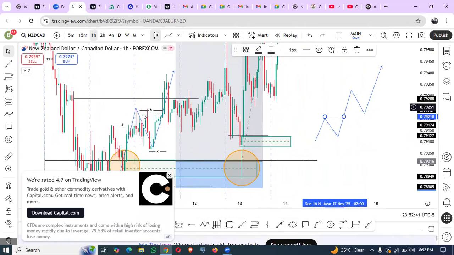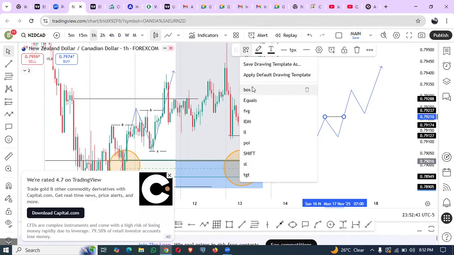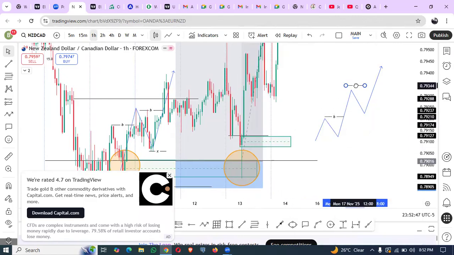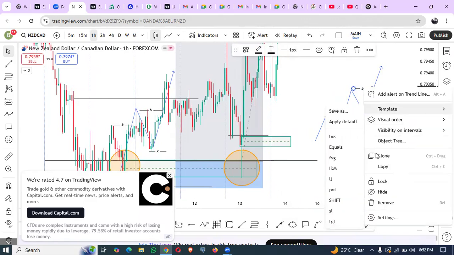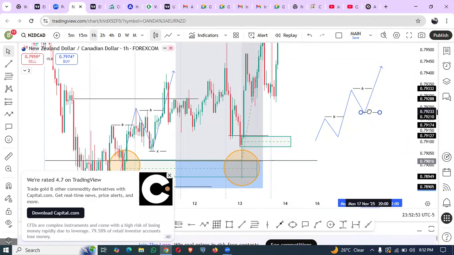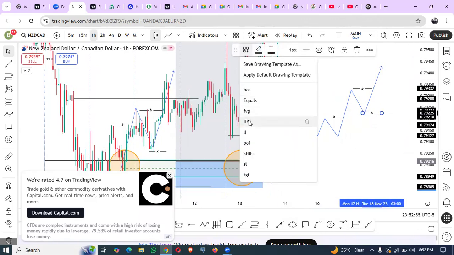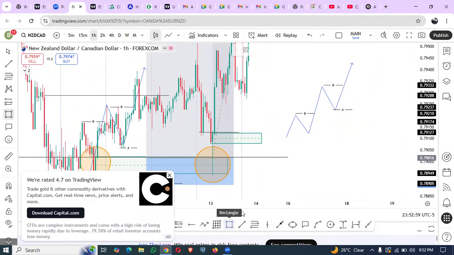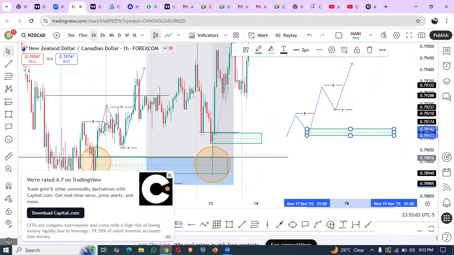Past this one there, first break of structure. Then it gave me the second break of structure there. Then the origin of that second break of structure was my inducement, which is this one. And I told you to anticipate price coming back to the origin of that first push.